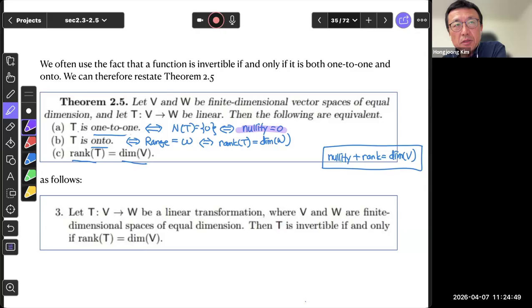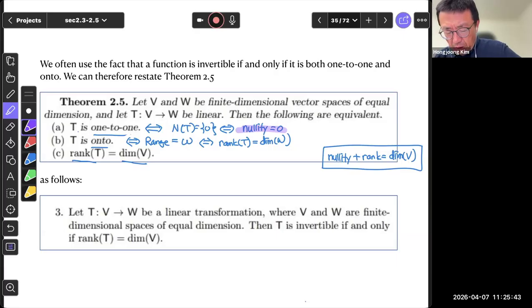Then since the dimension, yes, if T is onto, range is W, so the rank is the same as the dimension of W. Oh, sorry, we have one assumption here.